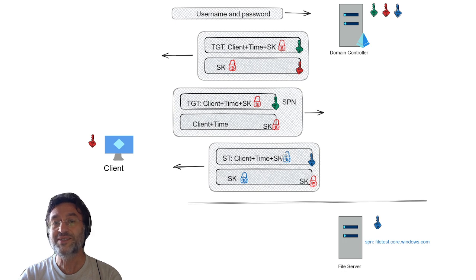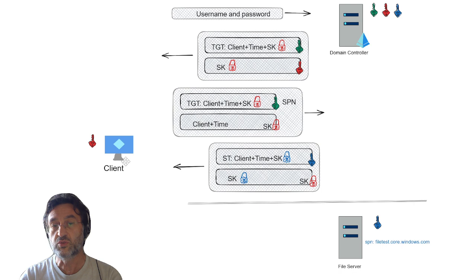This service ticket is encrypted using the file server key and is sent to the client. Again, as with the TGT, the client picks this service ticket and stores it locally, and has no clue what is inside because it's encrypted using the file server private key. He has no access.